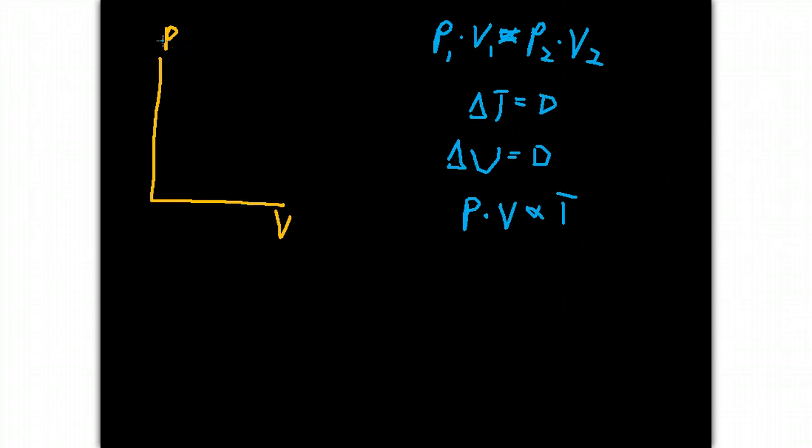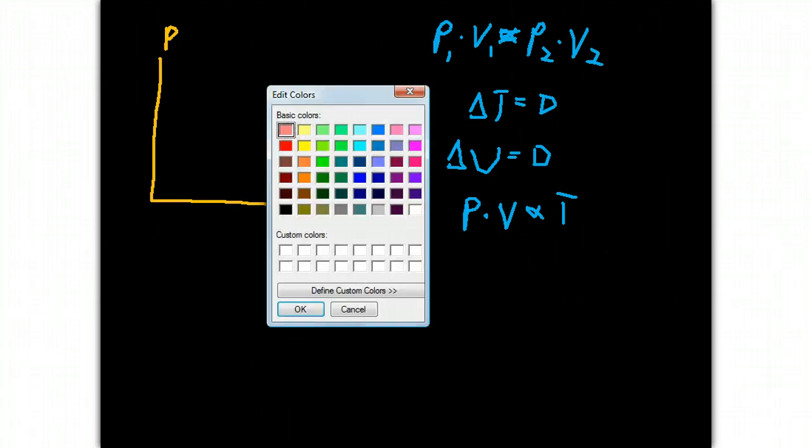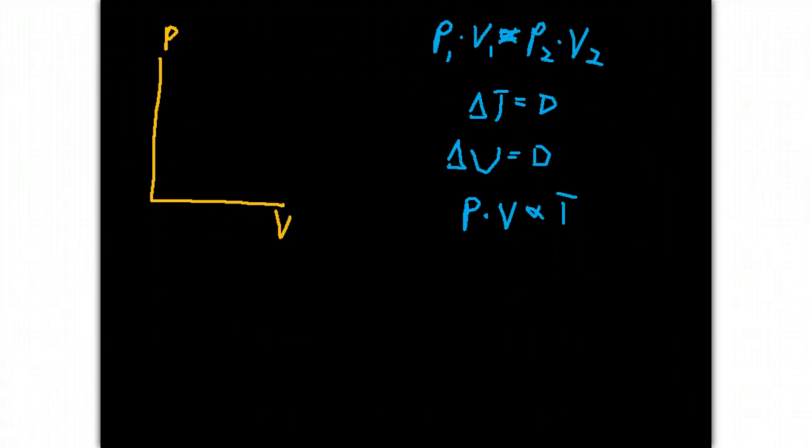And what this means is I had put out some basic marks here, and let's do this in terms of atmospheres. The units don't really matter because it's all proportionality. So we can do 1 atmosphere, 2, 3, 4, and over here for volume, let's do liters.